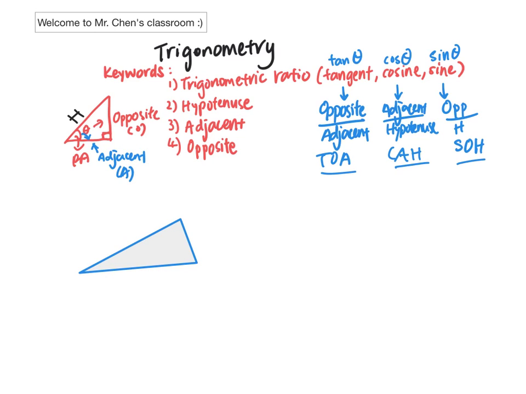Now the reference angle is right here. In this case we have alpha, which is the same as theta. It's just another way of calling it.